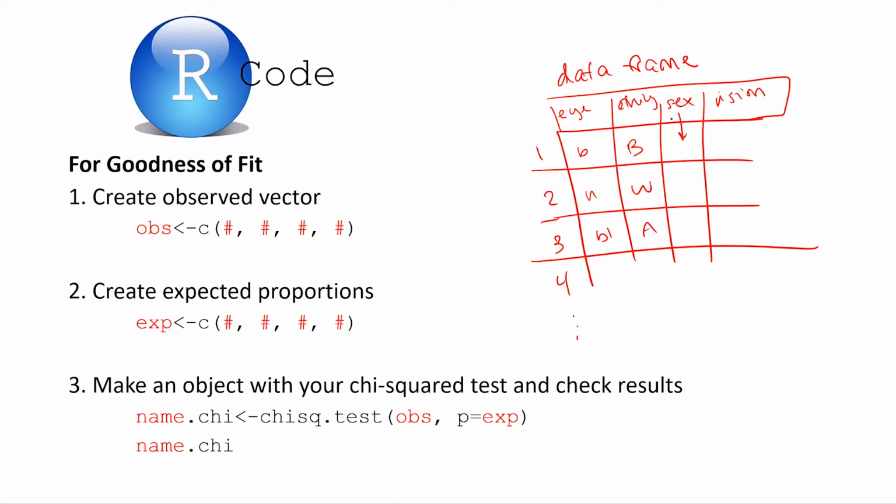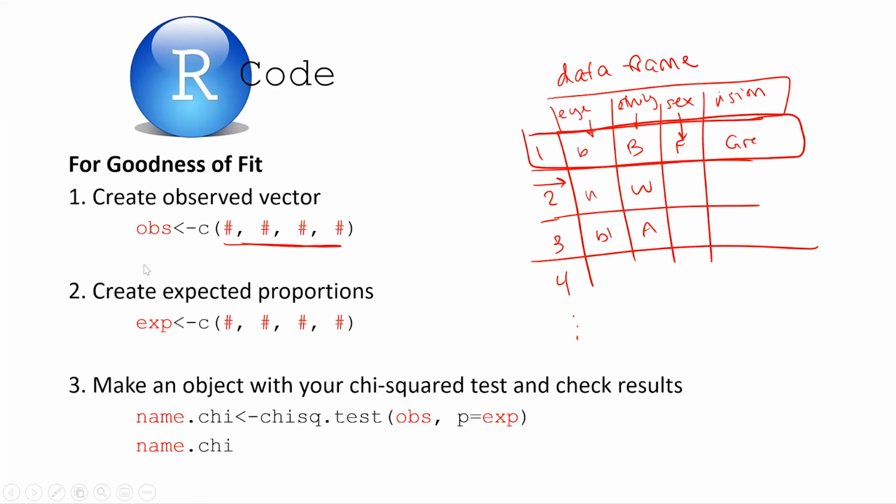So our columns go down this way, and across is just an individual person. So this would be one person who is black, has brown eyes, is female, has great vision. When we have vectors, though, it's literally just a string of numbers. So that's the big difference between a vector and a data frame.